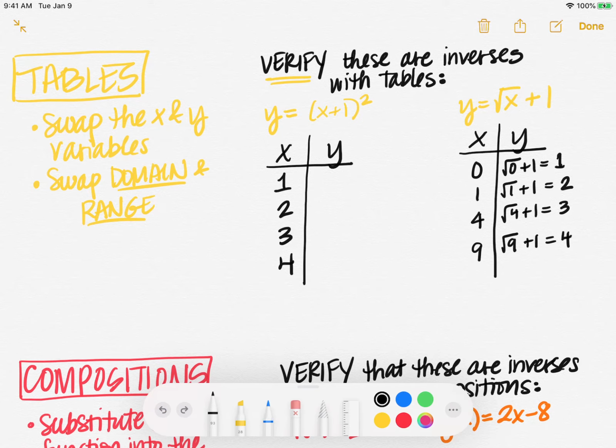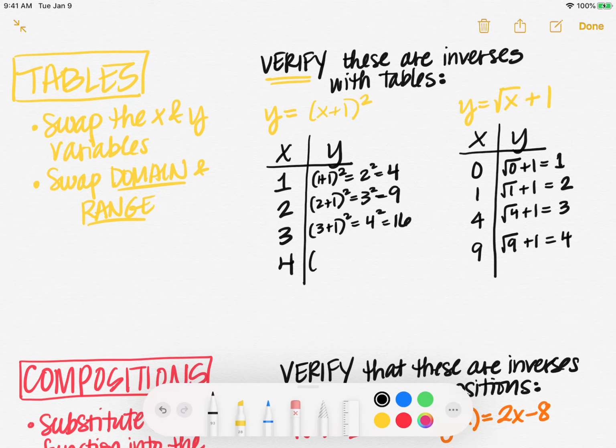Okay, so let's plug in 1. 1 plus 1 squared is 2 squared, which is 4. Uh-oh. 2 plus 1 squared is 3 squared, which is 9. Uh-oh. 3 plus 1 squared is 4 squared, which equals 16.